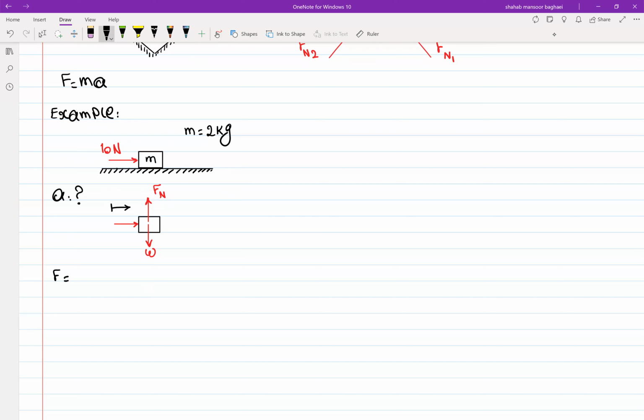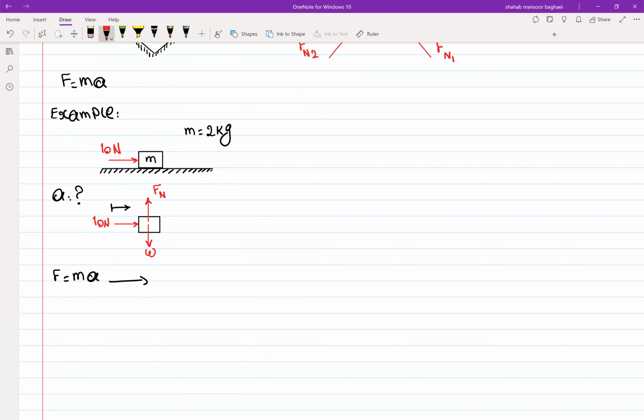F equal to ma. In other words, find net force along a horizontal line or horizontal motion. Okay, I'm asking, how many forces do you have along horizontal motion? Only 10 newtons. W is normal to this motion. And similarly, normal force is perpendicular to this motion. Therefore, you have to ignore them.